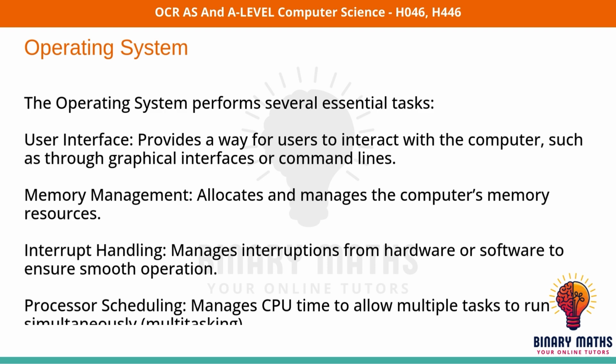This can be through graphical interfaces, like the ones we see in Windows and Mac OS, or command lines, like those in Linux. The user interface is what makes it possible for us to give commands to the computer.